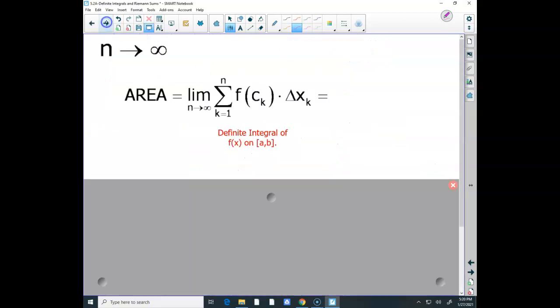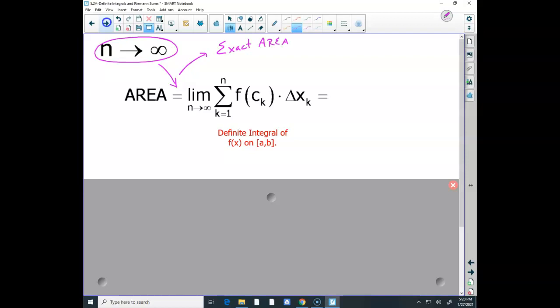Okay? Well, then we moved on and we kept cruising. Now we said, ooh, n's approaching infinity. And as we got an infinite number of rectangles, ooh, that was a limit, okay? Well, notice what changed in our area equation. As soon as n went to infinity, that gave us the exact area.